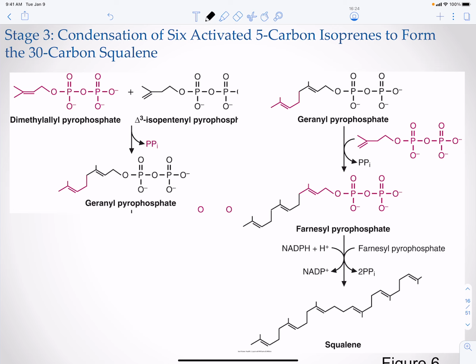This is called head-to-tail condensation, and it involves both of the 2 activated isoprenes, the isopentenyl pyrophosphate and the dimethylallyl pyrophosphate. 1 pyrophosphate group is displaced and a 10-carbon chain known as geranyl pyrophosphate gets generated.